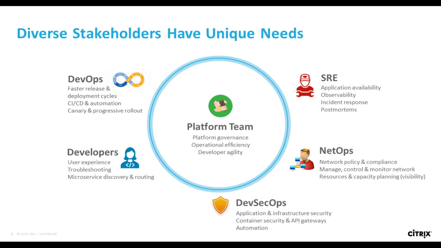So what you see here is multiple stakeholders, each having a unique need for choosing the right architecture. Based on these multiple stakeholders and their unique needs, Citrix has developed a unique framework to evaluate multiple architecture options on 7 criteria, and we are going to go deep into it pretty soon in upcoming slides.